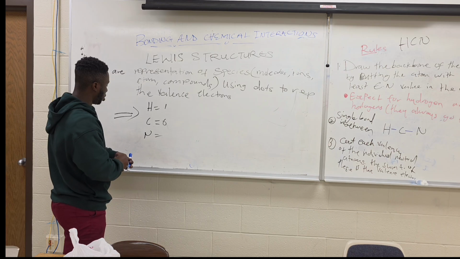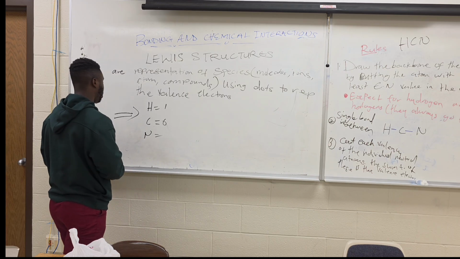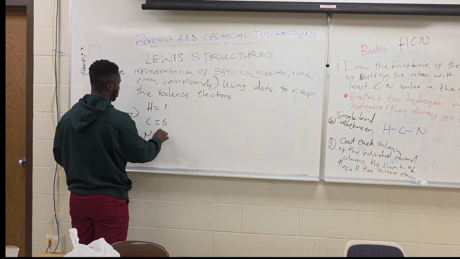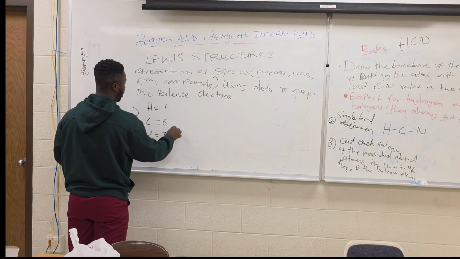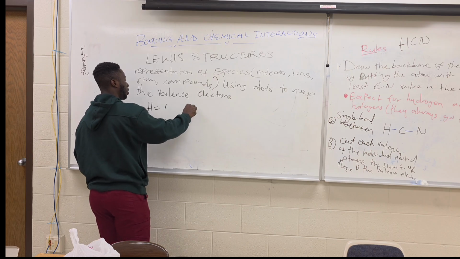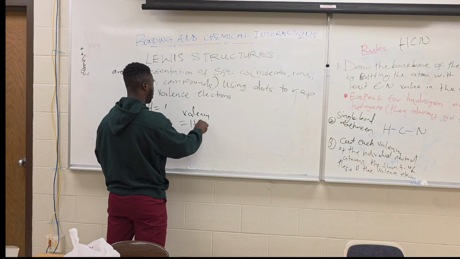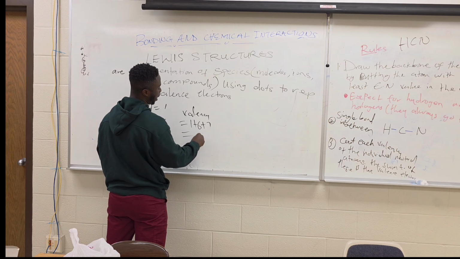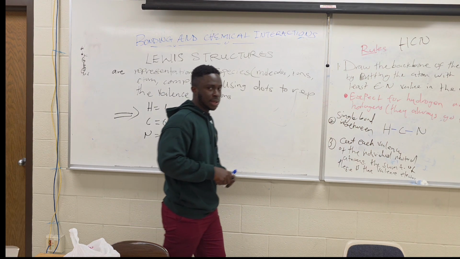Nitrogen here is in group 5, so it's going to have 5 electrons. When we sum these together, the valency is equal to 1 plus 4 plus 5, which gives us 10. So our valency is 10.